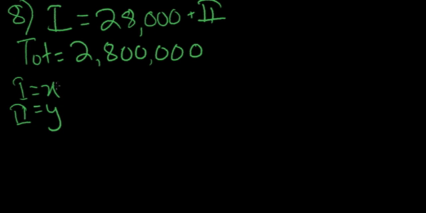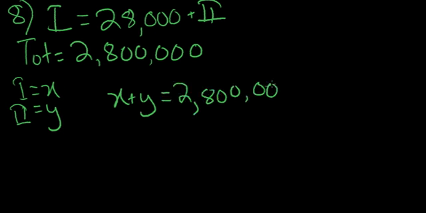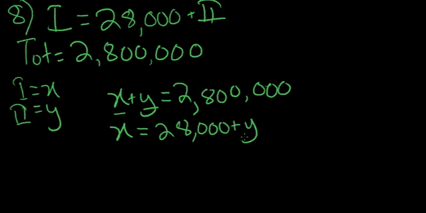X equals the amount of votes by candidate 1, and y equals the amount of votes by candidate 2. So x plus y is going to equal 2,800,000 because these are the number of votes cast by each one. And x is the number of votes for candidate 1. So x equals 28,000 plus the amount of votes that y did.